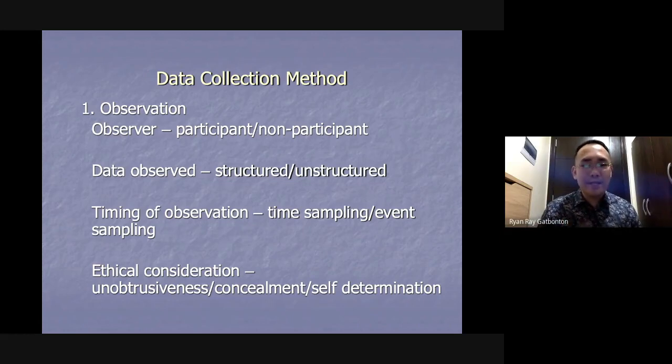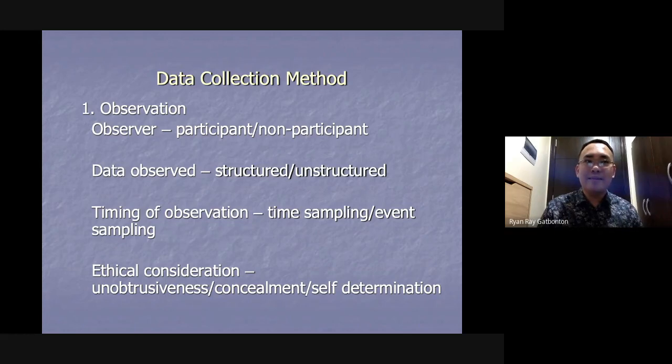But when you say event sampling, you're looking for a certain event, for a behavior to occur. For example, sa isang nursery, you try to observe the people or the parents who are viewing their babies in the nursery.